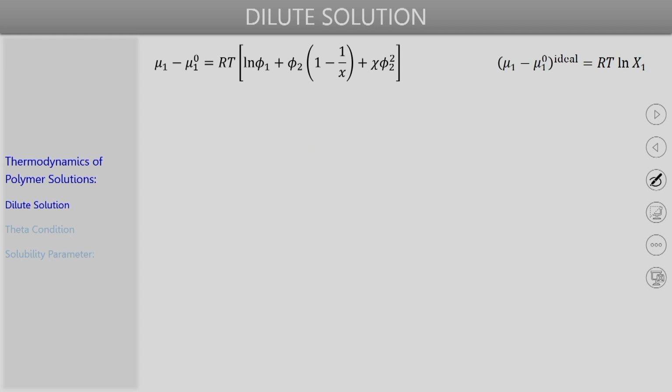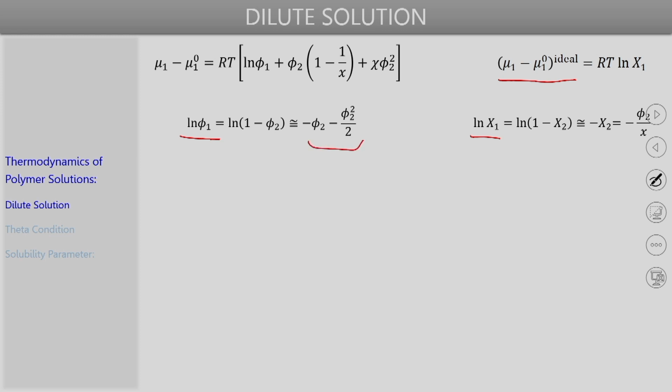Again, we have written down the equations for the chemical potentials of the actual solution and the ideal term contribution, and let us substitute the expressions for ln phi 1 and ln x1 that we have developed just now with the assumption of a dilute solution, which is why we have truncated these terms, two and one terms respectively. So, we substitute these expressions for ln phi 1 here and ln x1 here.